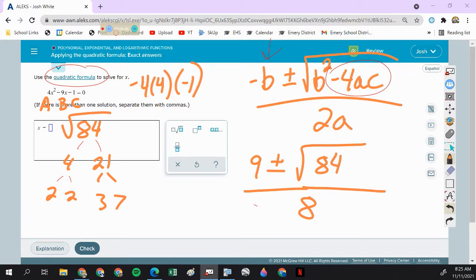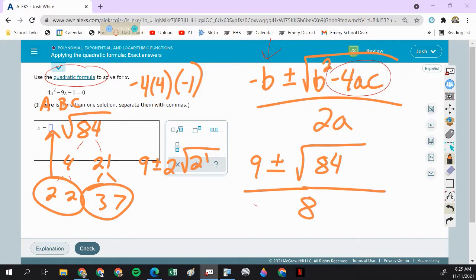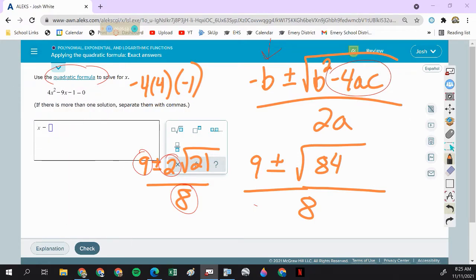A set of 2's. So we write a 2 outside, and then a 21 stays inside. So this would be 9 plus or minus 2 square root of 21 over 8. Okay. Now, one thing you need to check to see is, do these have anything in common? And in this case, they don't.